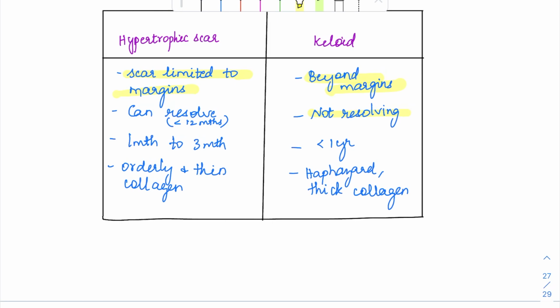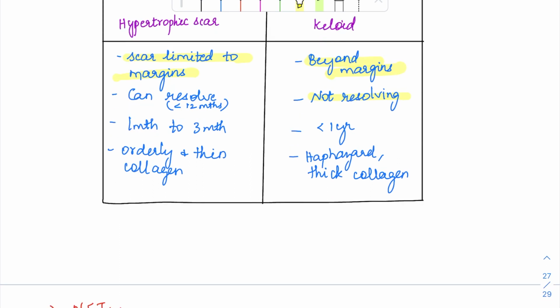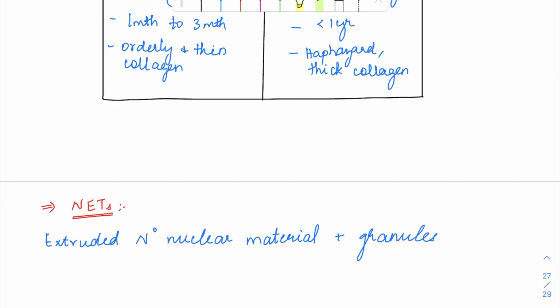The treatment for keloid will not be excision, because once you excise it, it is again going to cause some tissue injury that will result in scar formation and further keloid formation. So for a keloid you will have to inject hydrocortisone, which is a steroid. That is how the keloid will resolve.